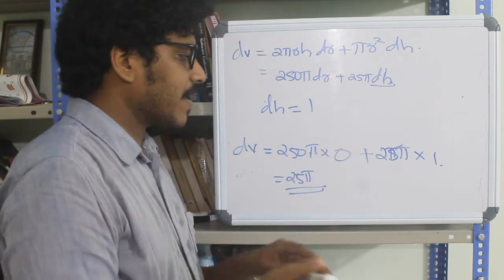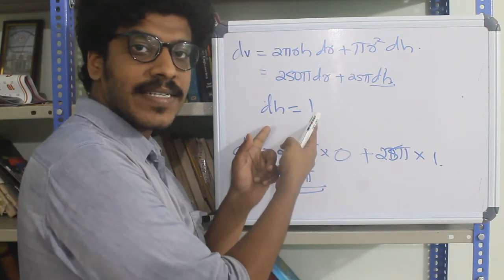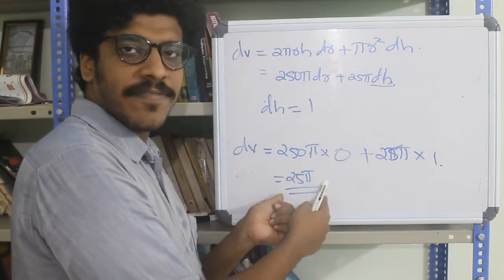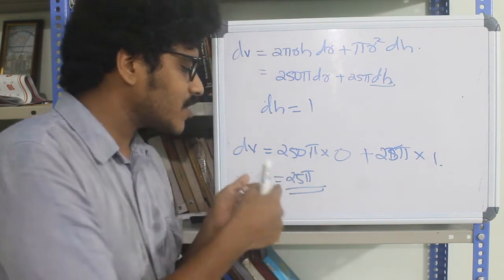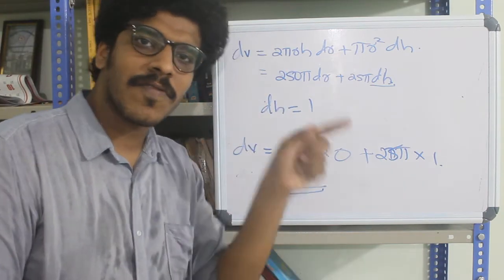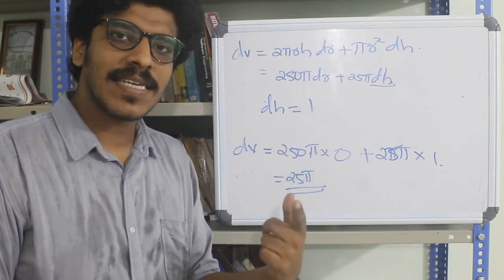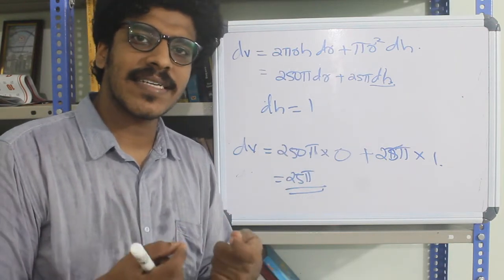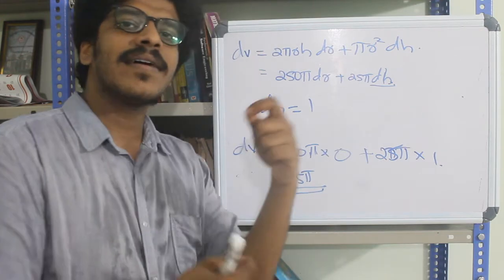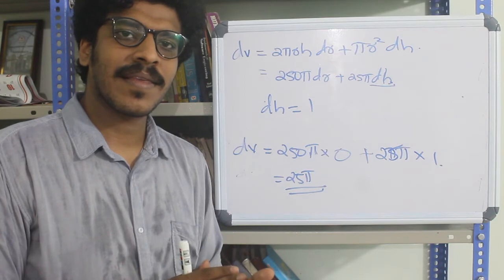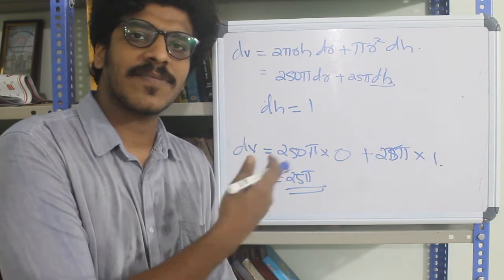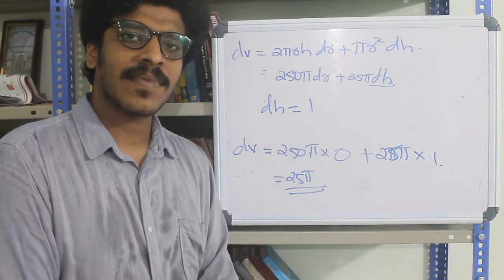So if you make a change of 1 unit in height without changing r, the volume will change by 25π. This shows that volume is more dependent on radius. In other words, a small change in radius can change the volume drastically more than the same change in height. This gives the sensitivity of volume with respect to radius and height.